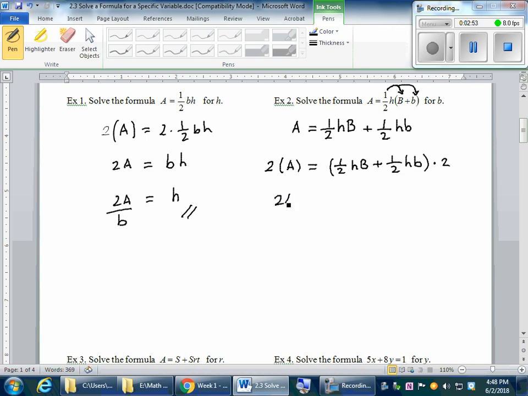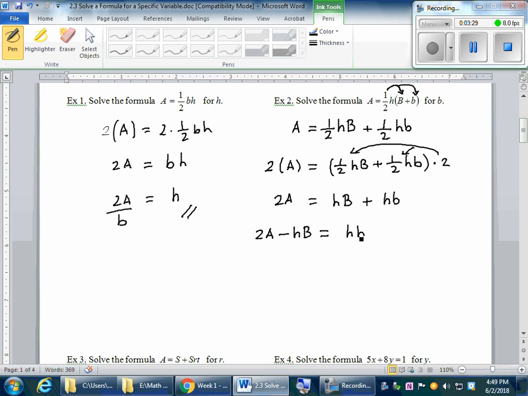So on the left hand side, it will become 2a is equal to, when I distribute this 2, 1/2 times 2 will become 1, so therefore it will be hB plus, again, 1/2 times 2 is 1, so it will be h times lowercase b. And we are solving for lowercase b, so I need to move the other term to the left hand side, meaning I subtract hB from both sides, which will give us this.